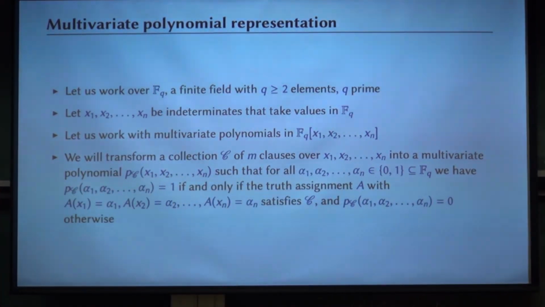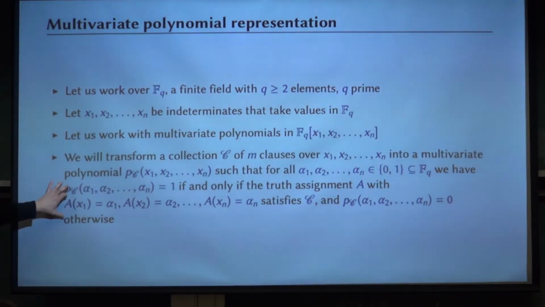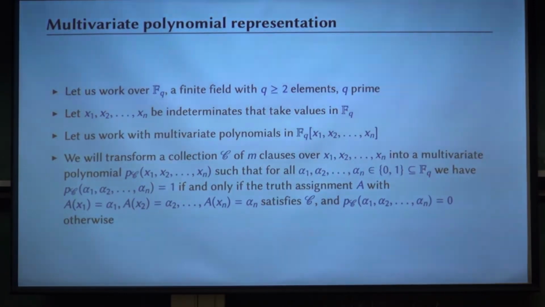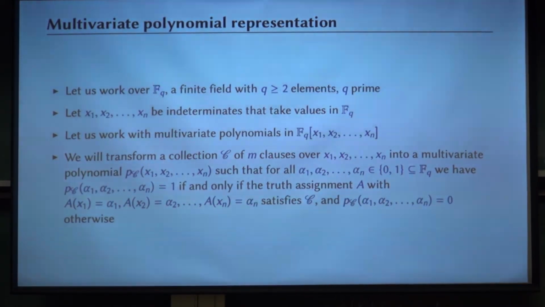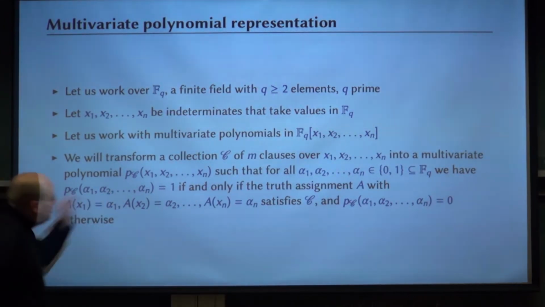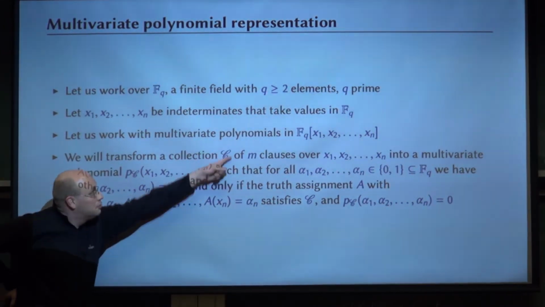Let's keep that in mind. What we will do is systematically algebraize the problem without yet paying too much attention to any kind of computational cost. So let's just present definitions and then start thinking about the computational complexity later. What we want is a polynomial defined based on the collection of clauses.